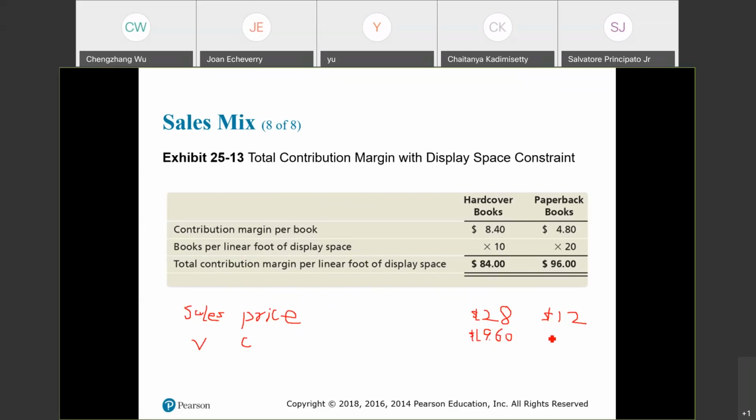For paperback books, it is $7.20. So the contribution margin for each product is $8.40 and $4.80 respectively.